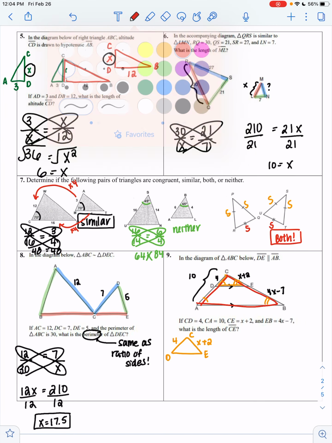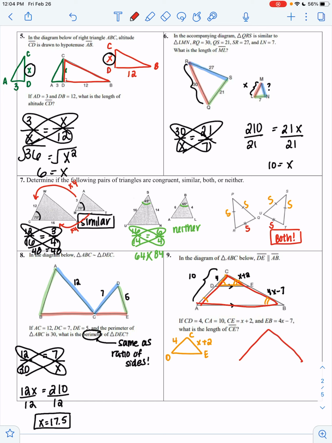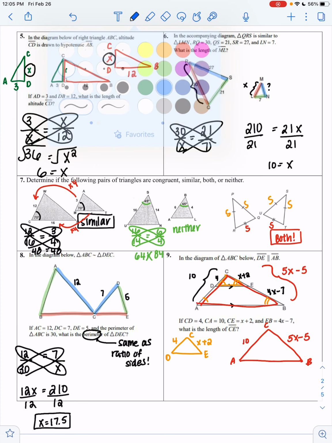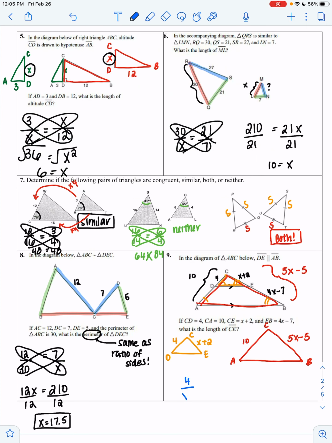And then my other triangle, the big triangle CAB, this side is 10, and then this other side, we had to add these pieces together. So that's 5x minus 5. And now we can set our proportions. So 4 over x plus 2 is equal to 10 over 5x minus 5.